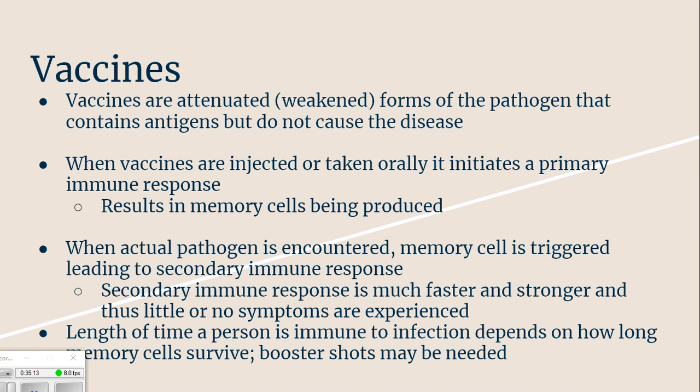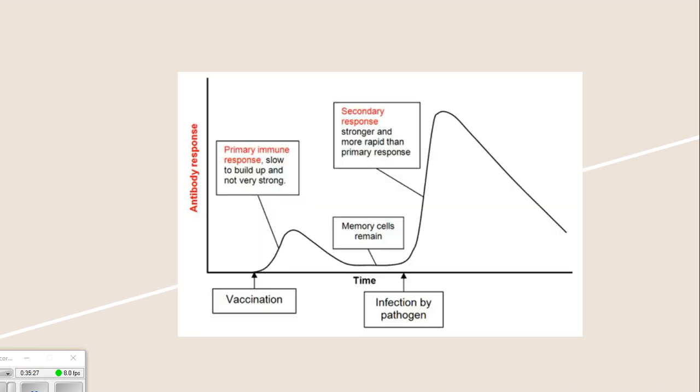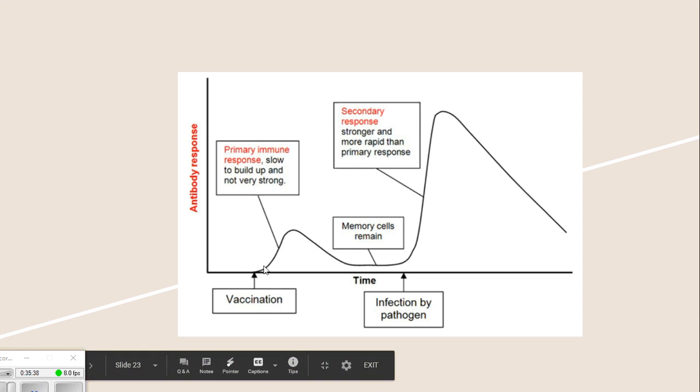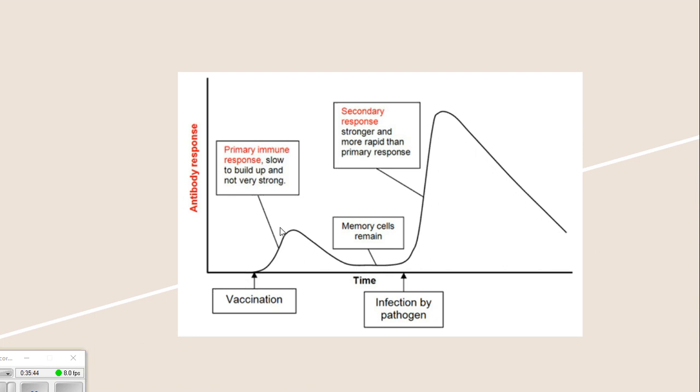The length of time a person is immune to infection depends on how long the memory cells survive. So booster shots may be needed every now and then, and you may have to go and get booster shots for certain vaccines every so often. So again, this diagram here shows what an immune response, or what that antibody response, looks like over time. So here a vaccine has been provided. Here's the primary immune response. So it's low, it's slow.